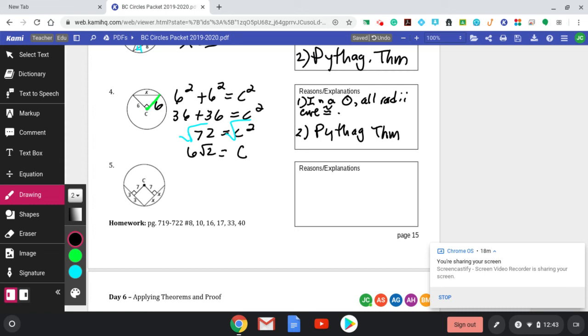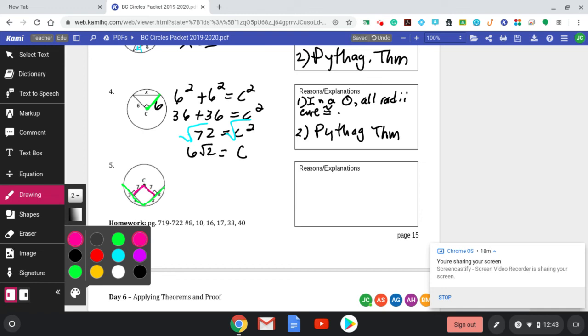Last one here, number 5, finding the values of x. Let me highlight them here. These are chords, and they're telling me both chords are 7 units from the center.